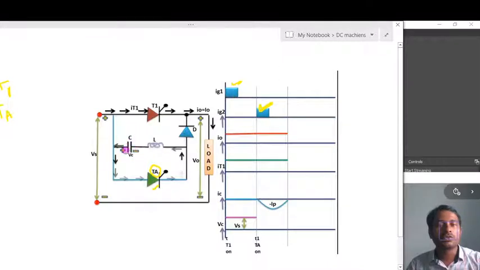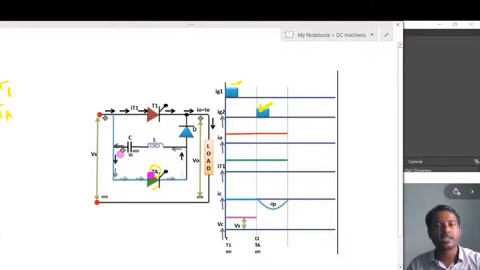The positive terminal of the capacitor is connected to the auxiliary thyristor, so the capacitor discharges its energy through the auxiliary thyristor. It cannot discharge to the supply, because both terminals are positive with the same potential.